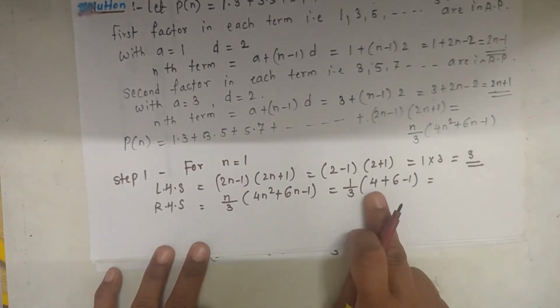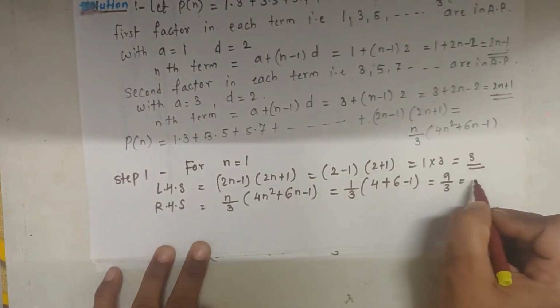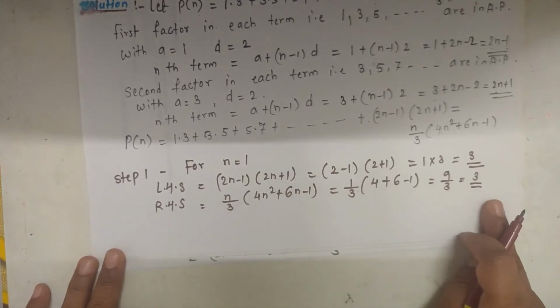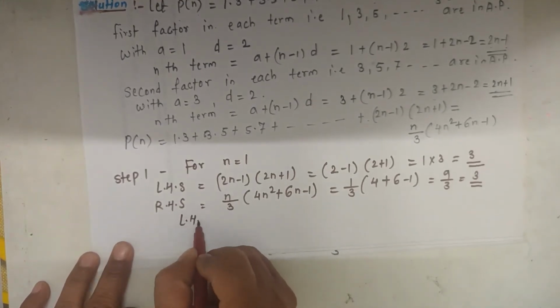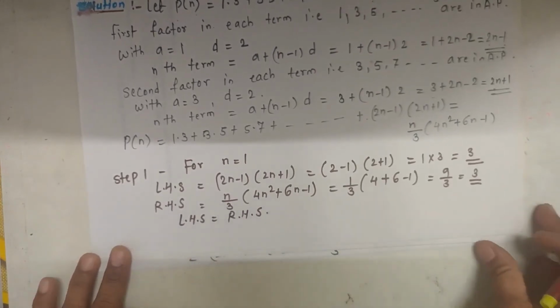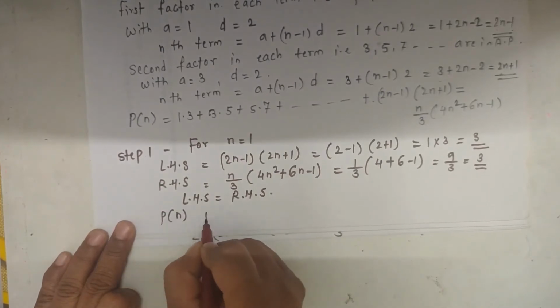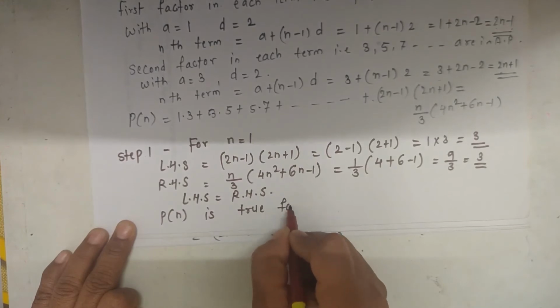By adding this, 4 plus 6, 10 minus 1, 9. 9 by 3 is equal to 3. Here also RHS is equal to 3. Both LHS and RHS are equal, so we can say that LHS is equal to RHS for the given statement for the value of n is equal to 1. So here P of n is true for n is equal to 1.